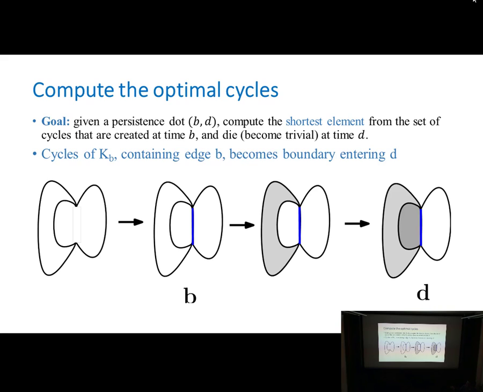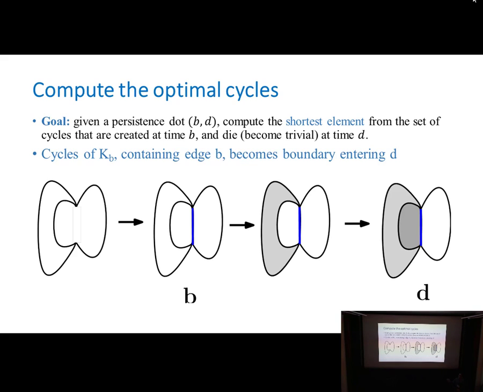When it enters time B, the birth time B, we have a blue edge. This blue edge will create a bunch of cycles. This one, this one, this one, and in fact, I can create this one plus this one, right? They're all cycles that are created with the entrance, the grand entrance of the birth edge.